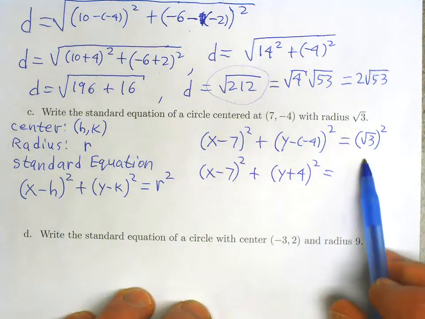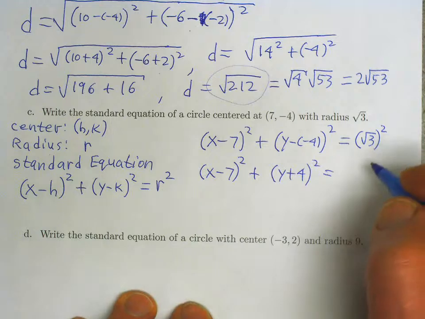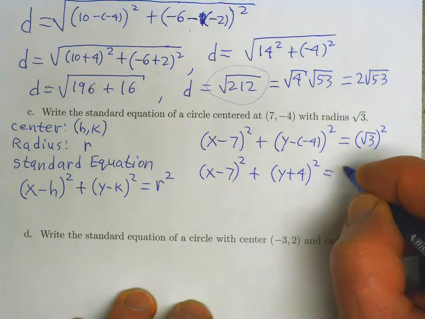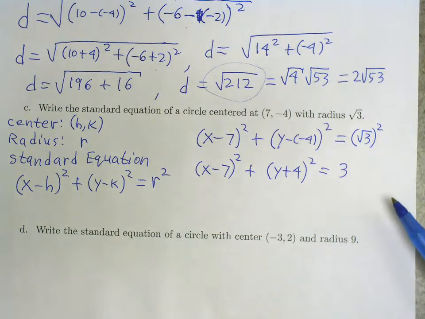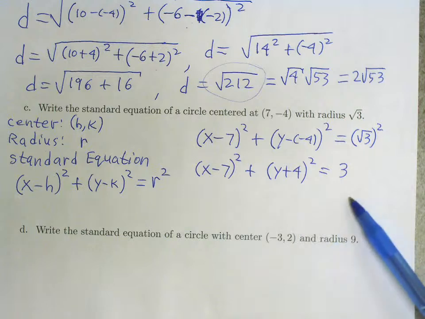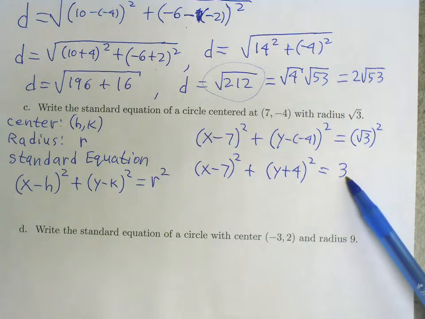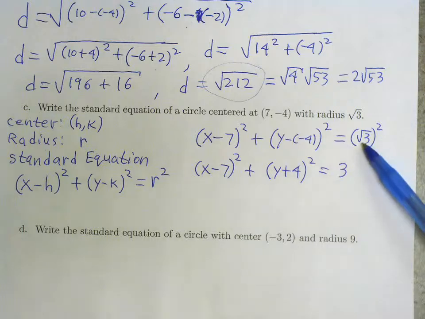And then the square root of 3 squared is the square root of 3 times the square root of 3, which is the square root of 9, and the square root of 9 is 3. Okay, so that's the standard equation. It might look kind of weird to have a number that's not a perfect square over here, but it could happen.